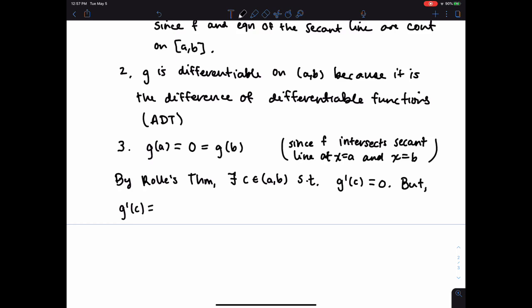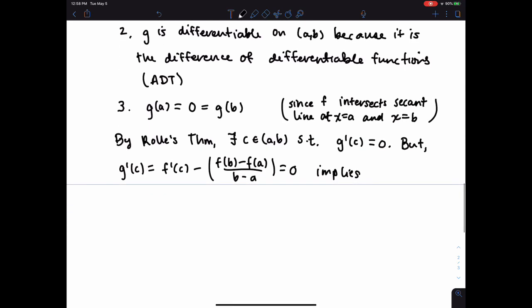G prime of C is just F prime of C minus (F of B minus F of A) over (B minus A). And that really implies, when I rearrange, that F prime of C is equal to the value of that secant slope. And that's exactly what we wanted.